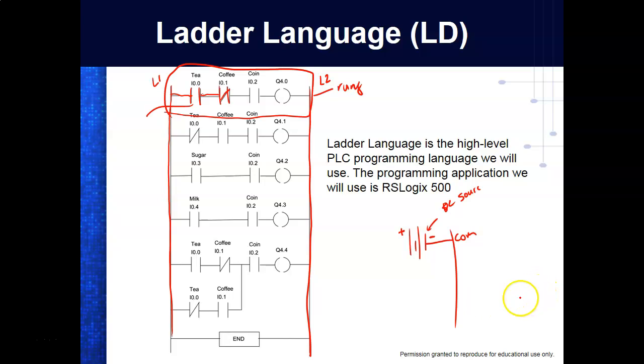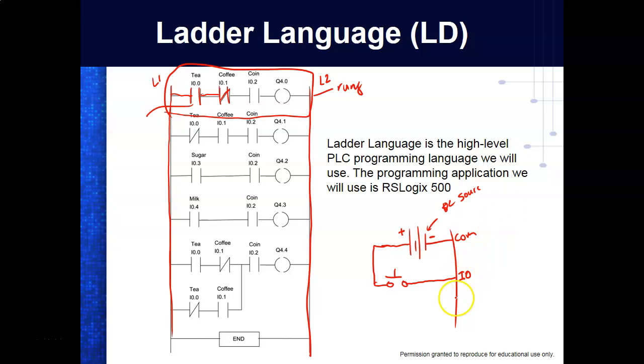Originally this was for batteries, and each one of these represented a cell. But now on an electronic power supply, we usually just draw this many. Then I would run this over to, let's say, a push button. The push button would come over here and hook up to an input on my PLC.